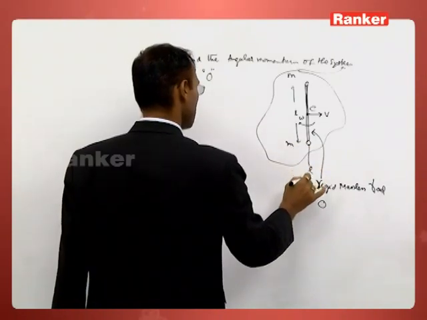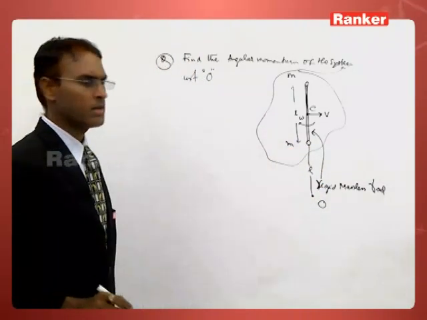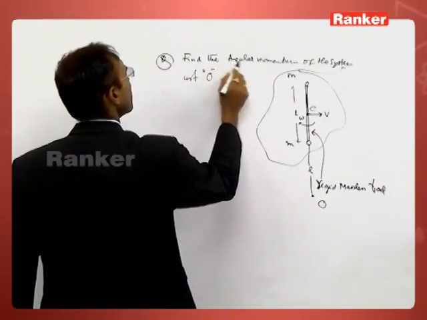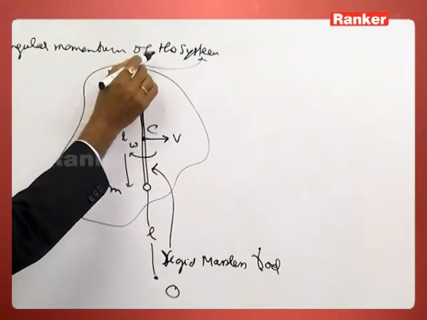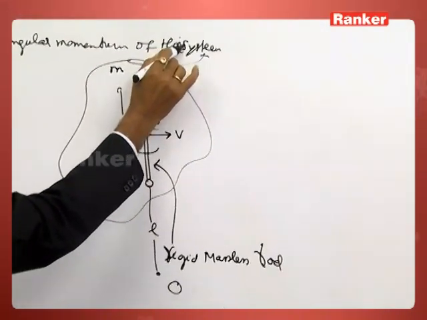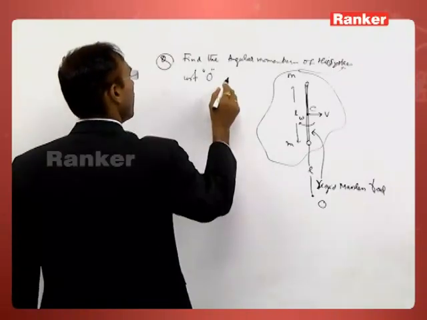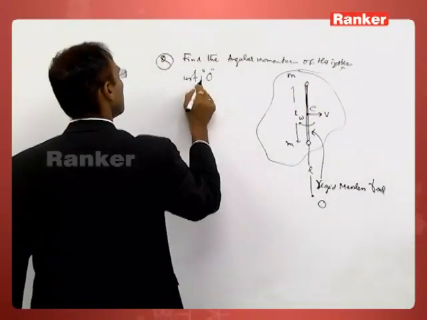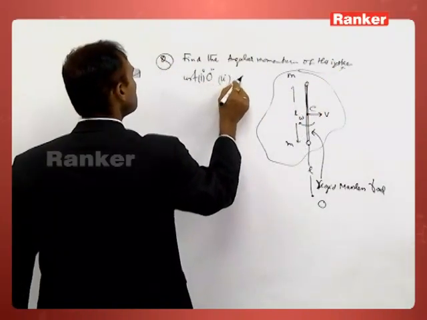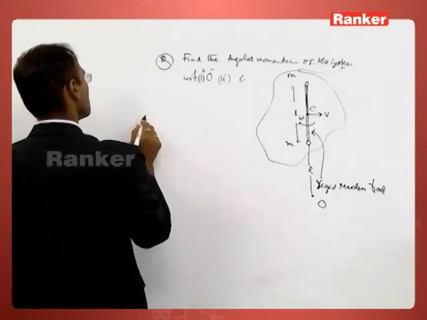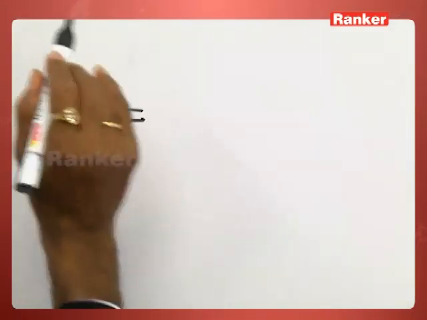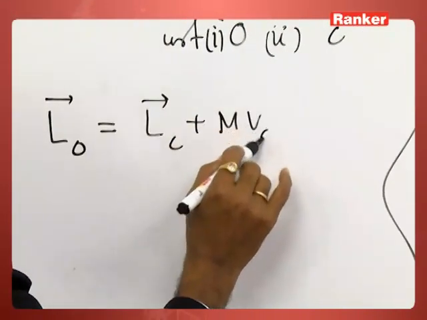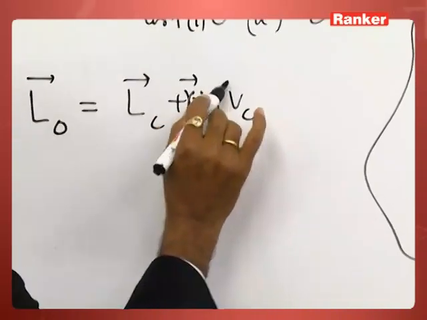The O is at a distance of L from the center of mass. The angular momentum of the system with respect to O, and with respect to C: LO is equal to LC plus RC cross MVC.